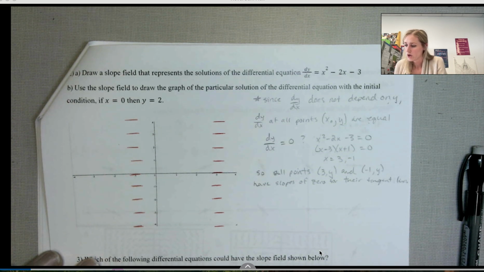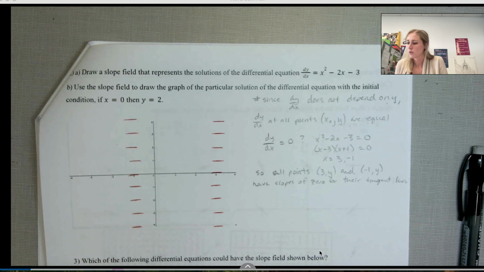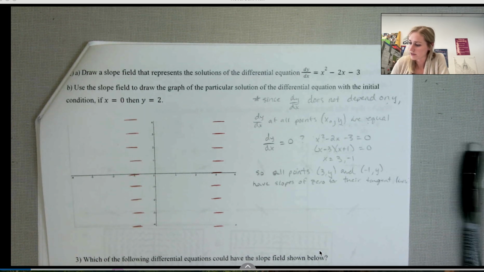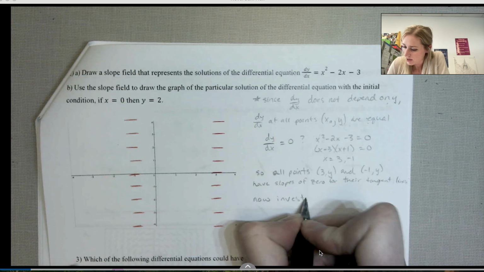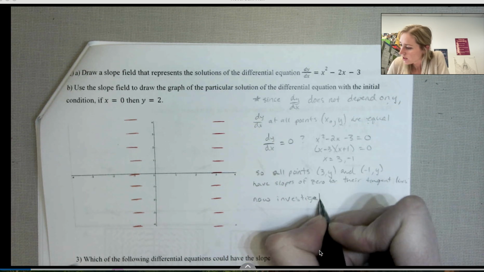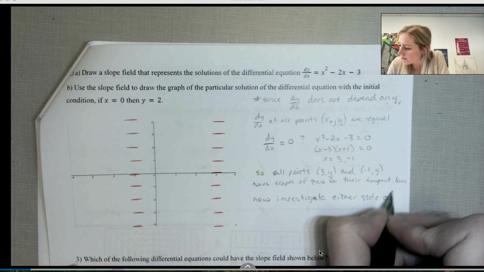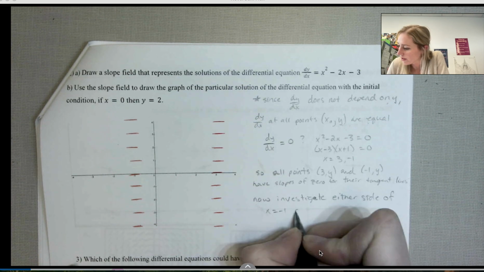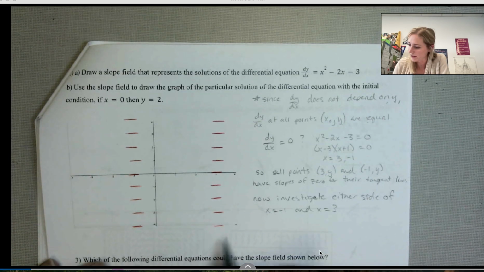Okay, now we are going to look at what's happening in between these. So now we're going to investigate either side of x equals -1 and x equals 3. So again, I'm just going to plug in some values here, you guys.